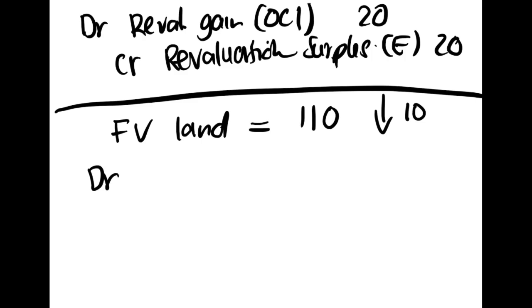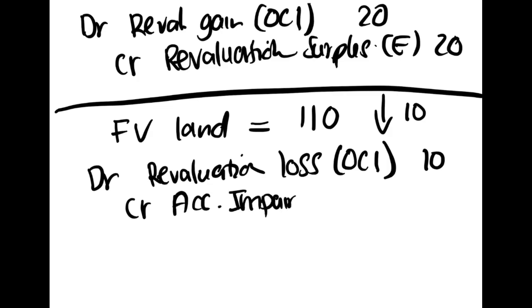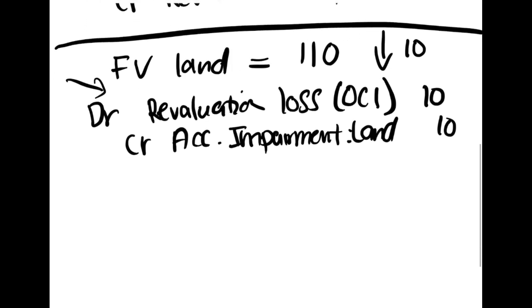So we're going to say debit the revaluation loss, also in OCI of 10, and we are going to credit our accumulated impairment of 10. And that revaluation loss again is going to be closed off to our revaluation surplus.